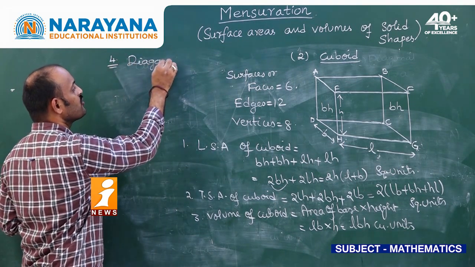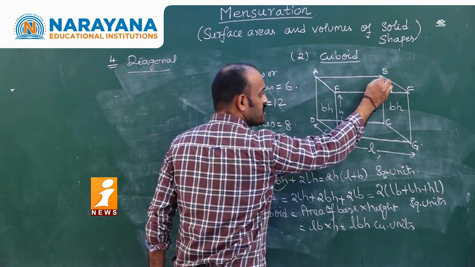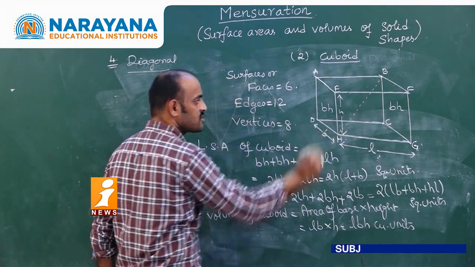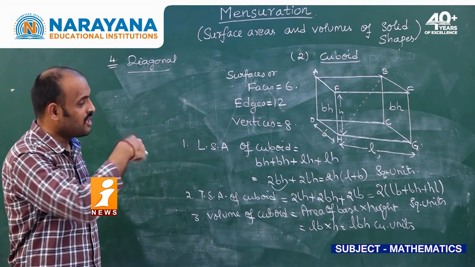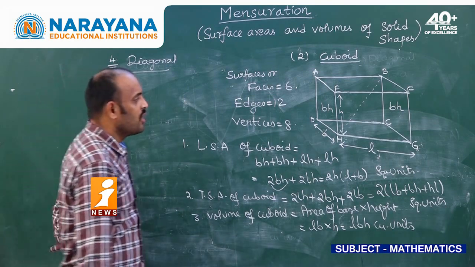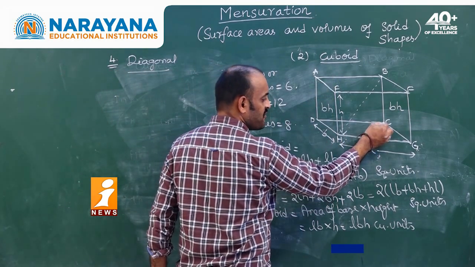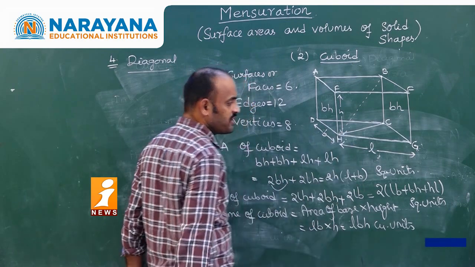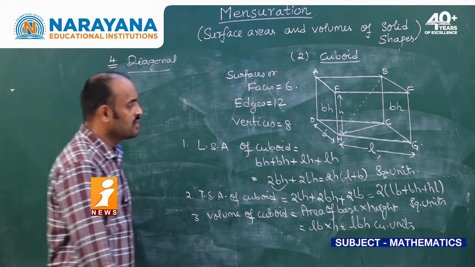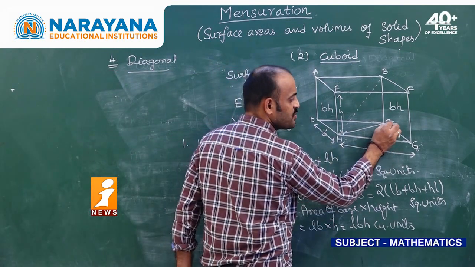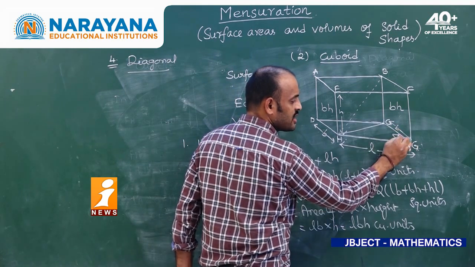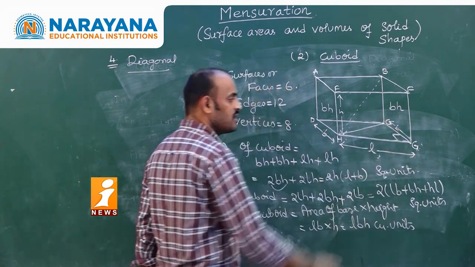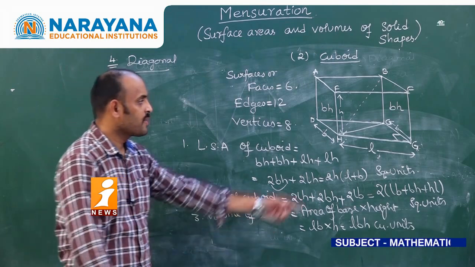Next comes the diagonal. So what is the diagonal of a cuboid? BH is one of the diagonals of the cuboid. How to find BH? First I will find CH, the way we have found it for the cube. This is L and this is B, and the angle here is 90 degrees as it is a rectangle. In a rectangle each angle is 90 degrees.